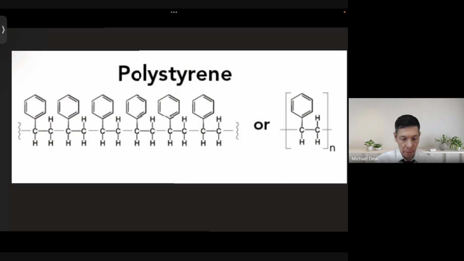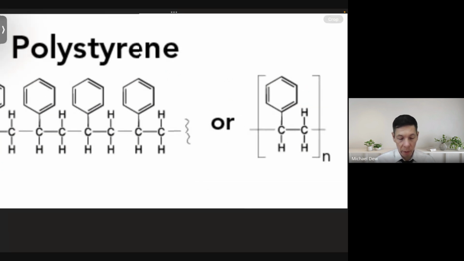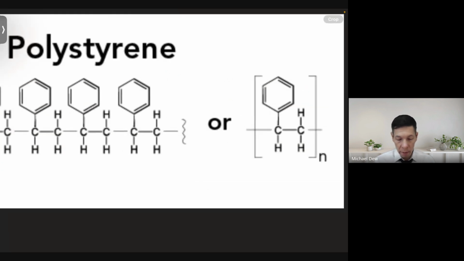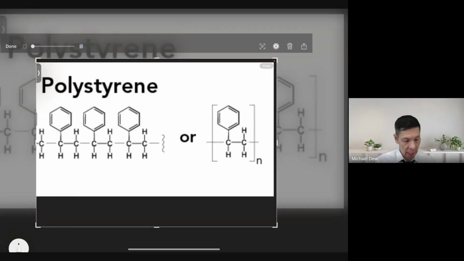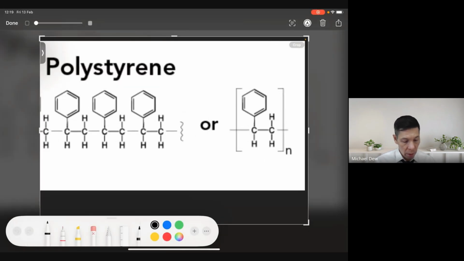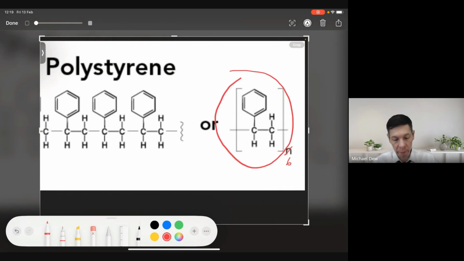On the right side here, we have an abbreviation. Okay, so if we have, say, the number 6 here, that's telling you we've got 6 of these monomers to create the polymer. And the full picture would be on the left side here, as we saw.